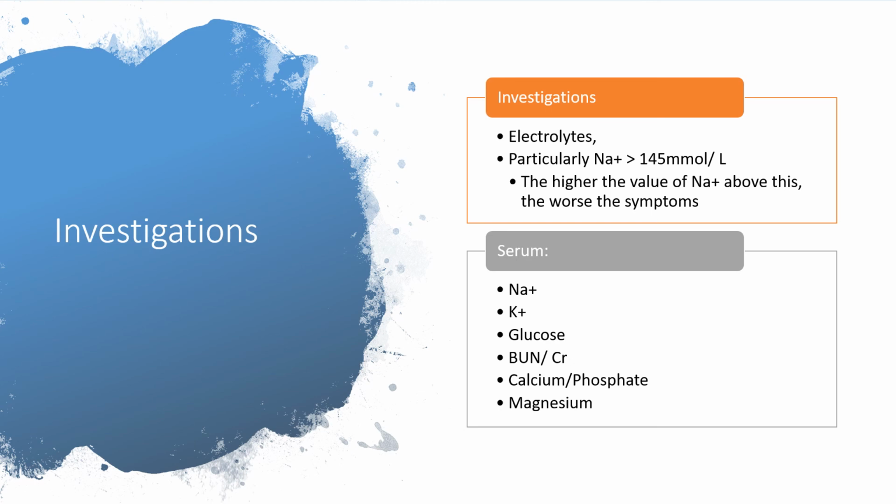Investigations. First thing first, we have to assay for the level of all the electrolytes. Particularly, we'll be focusing on the value of sodium. And here, as far as hypernatremia is concerned, the sodium level will be greater than 145 millimoles per liter or milliequivalent per liter.